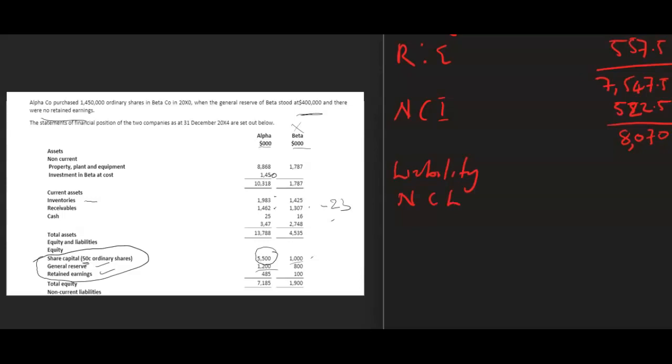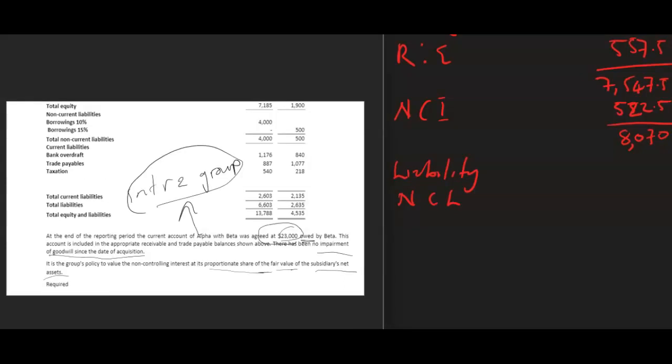Okay, so liability, I think let's go on this page. So we are being given that we have these borrowings, one at 4,000, one at 500. So we're just going to add these two. That would be 4,500. Okay.